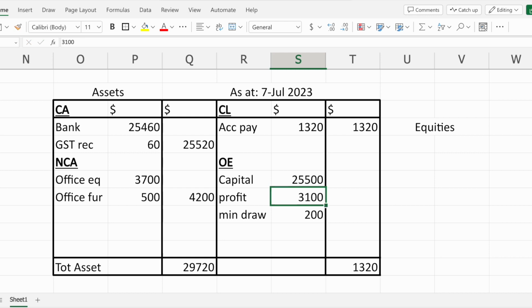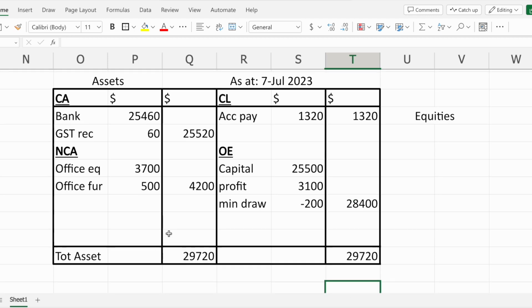So now it's 25,500, and the drawings were a negative value because they impacted the owner's equity in a negative way. So then now the total should add up to 28,400. So now when we have in total this current liabilities plus the owner's equity, which adds up to 29,720, as you can see, both the total assets and the total equity section match up.